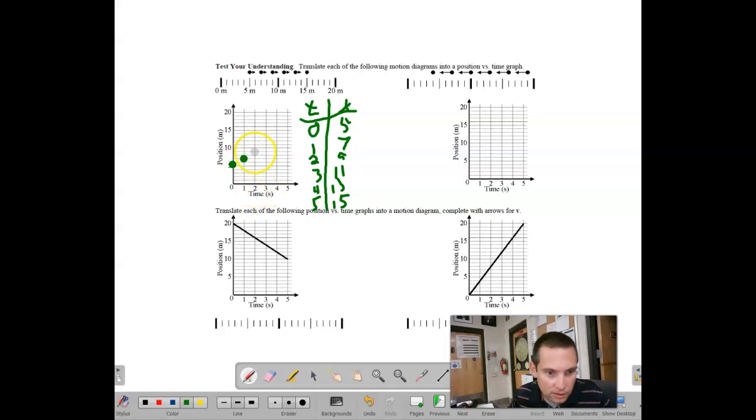At t equals 3 it is 11, 4 is 13, and 5 is 15.